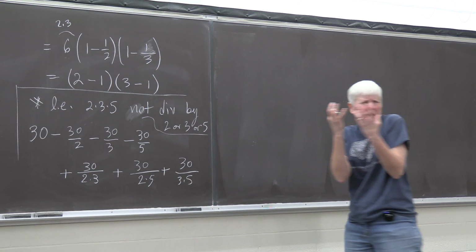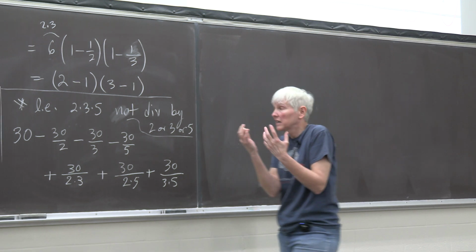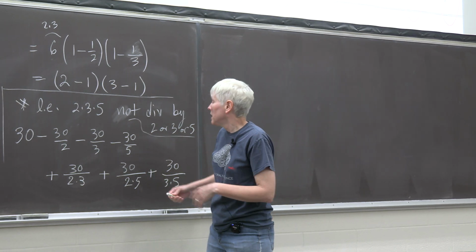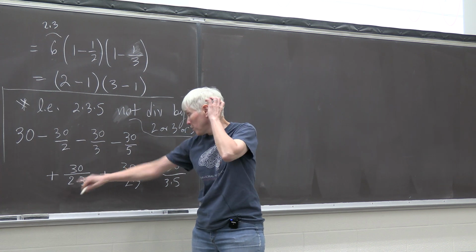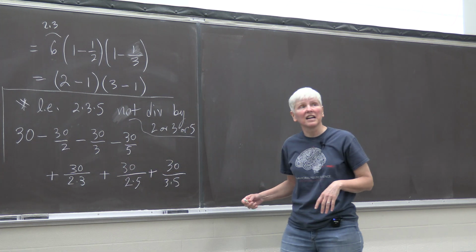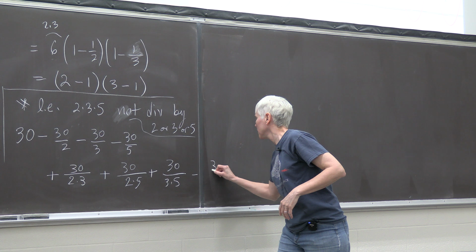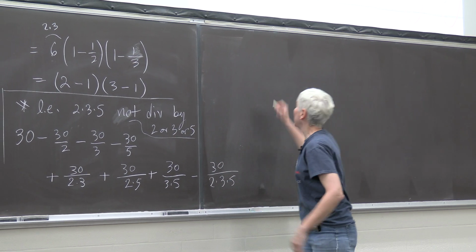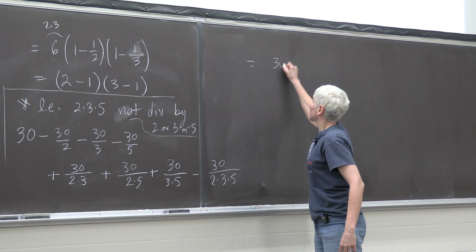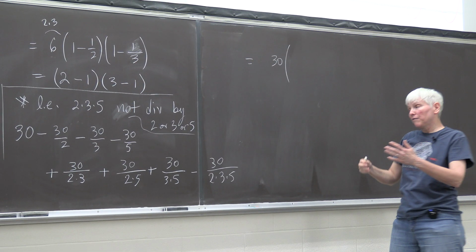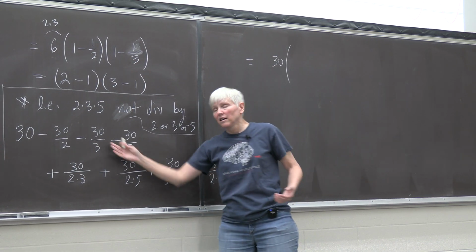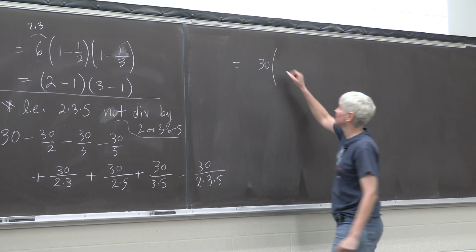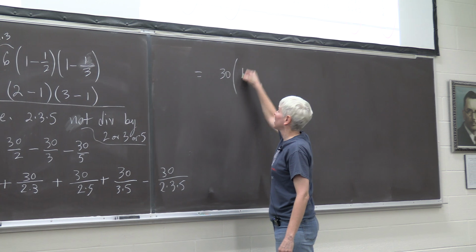And it turns out, what about the number 30 itself? Because it's not divisible by the first 3 primes, right? So here I took it out, here I put it back in, and so now I need to take it out. So 30 over 2 times 3 times 5. Now, you can factor out a 30, and you're left with this neat series of numbers, and I bet you know what it factors as.